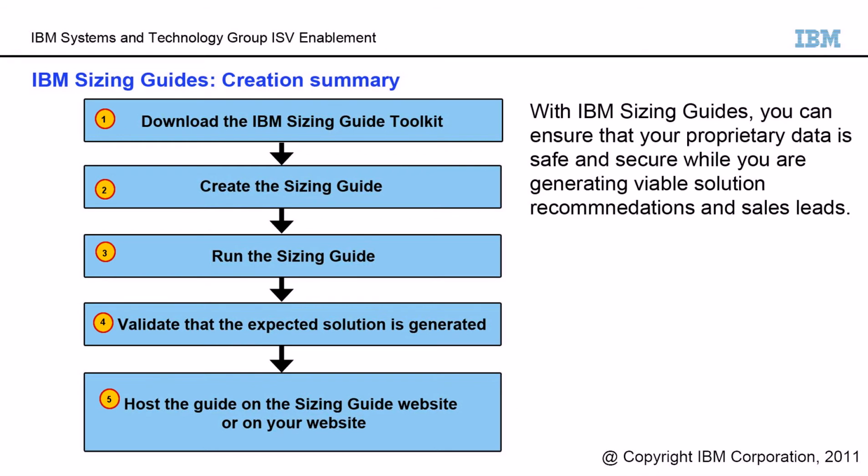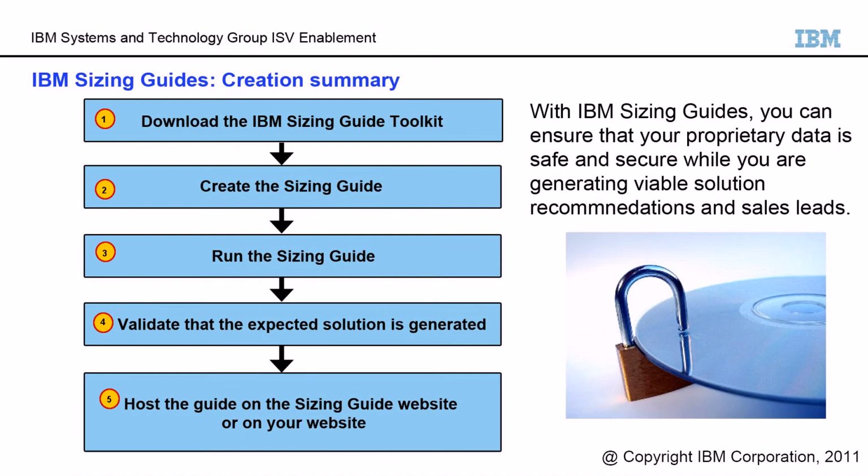With an IBM Sizing Guide, you ensure that your proprietary data is safe and secure when you are generating viable solution recommendations and sales leads. Hosting it on the IBM Sizing Guide website allows potential customers, IBM business partners, and IBM or ISV sales teams to access the sizing guide and enter their requirements to generate customized hardware recommendations.